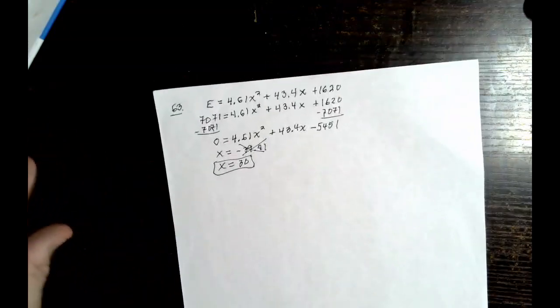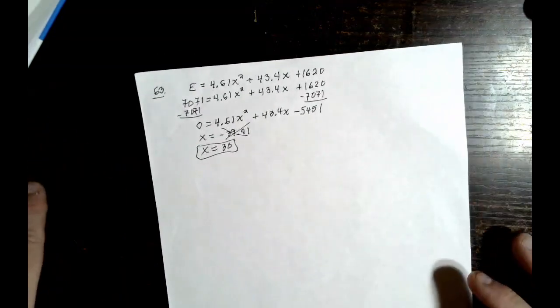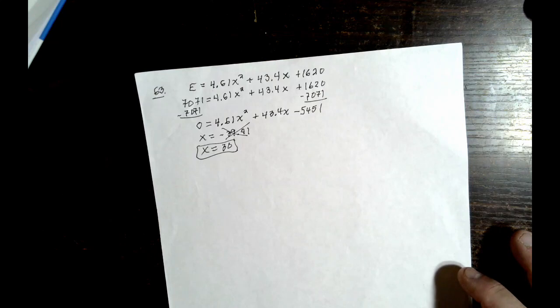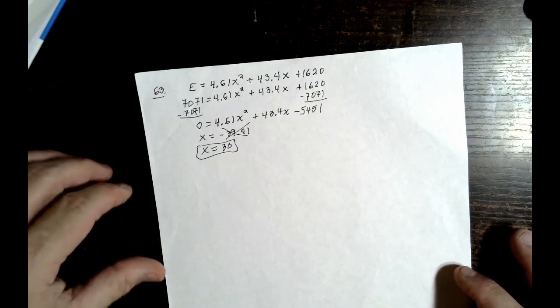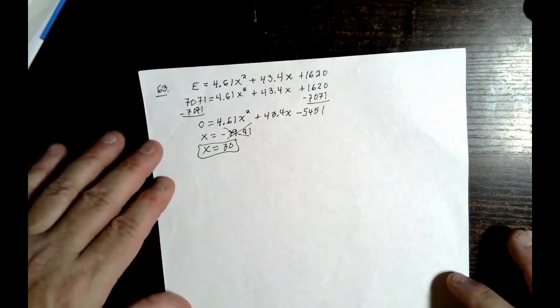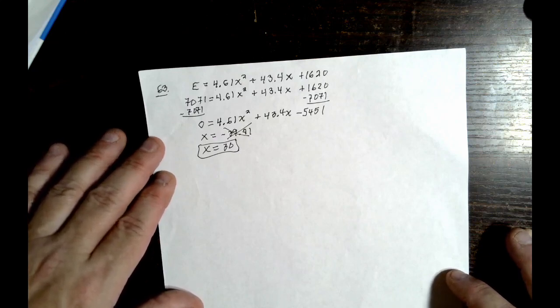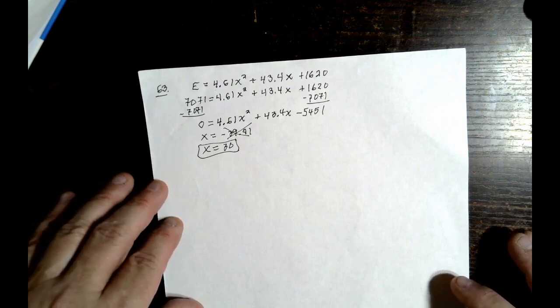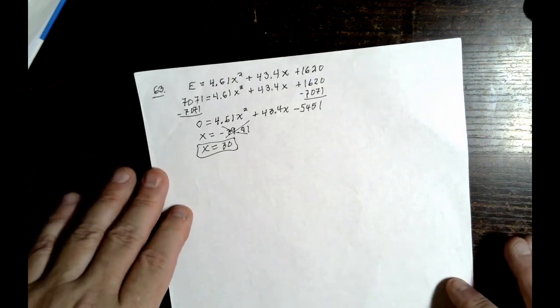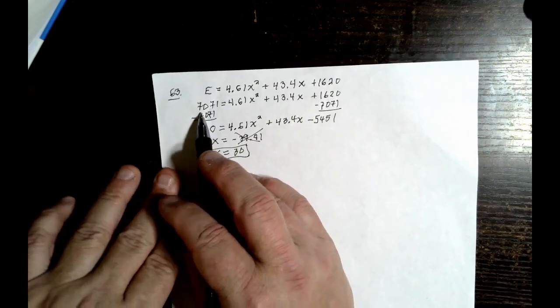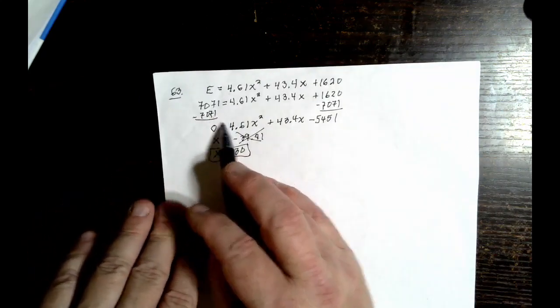And 63, national health care. I give you expenditures in billions, where X is the number of years past 2000. But the pattern indicates that this will remain invalid. When does the model predict that expenditures will reach 7,071 billion? So you set expenditures equal to 7,071.